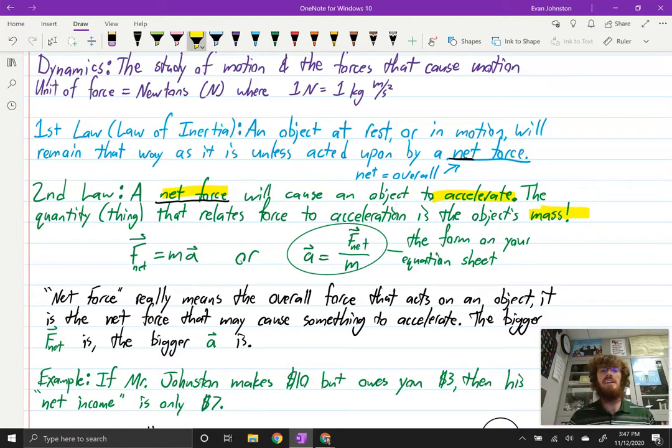But when we throw mass in, they end up being equal, and we get this equation where these little arrows on top just mean that force is a vector. So it has not just a size, but a direction, and acceleration is the same thing. Most of the time, we won't use the little arrows on top, because it's not included on the AP tests, really. So even though this might be the version that you are more familiar with, this is unfortunately the form that's on the AP equation sheet.